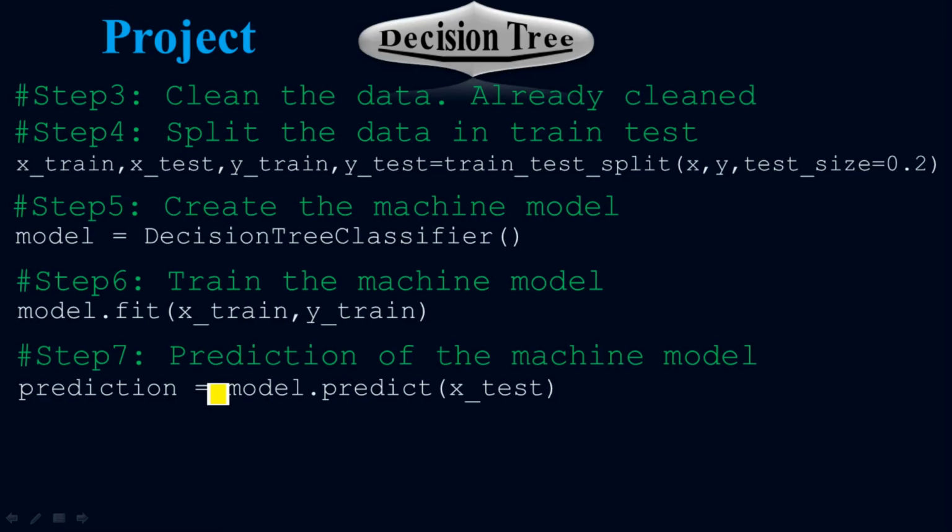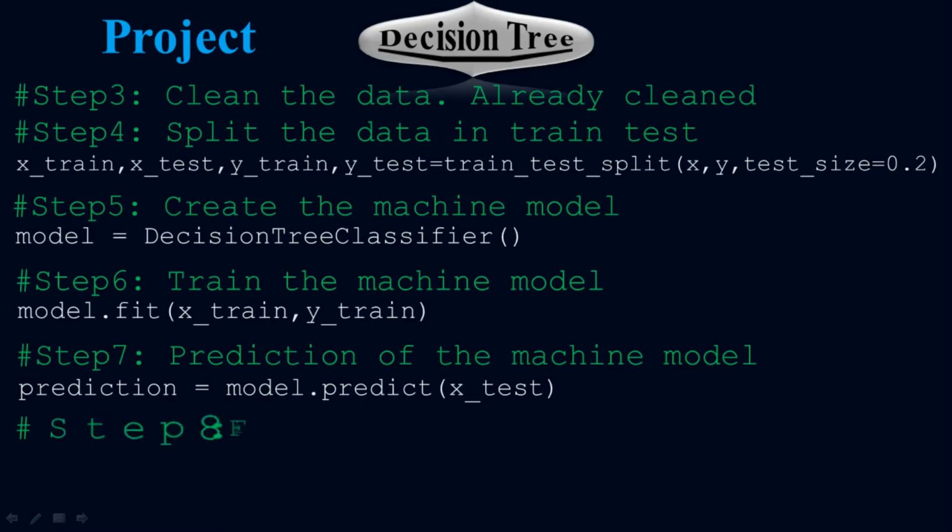You want to check some prediction. You need some kind of output. Therefore, in step number 7, you can check the model. You can simply take some kind of prediction from the model before going for the final stage, which is the final evaluation of the model. So when you take the print of prediction, you will get the output of this prediction.